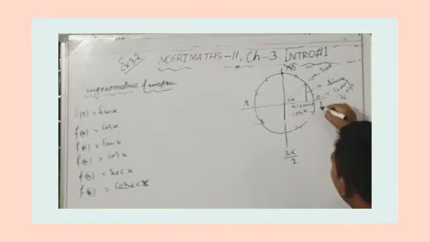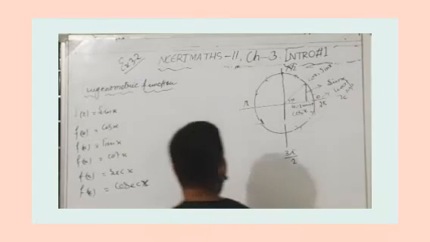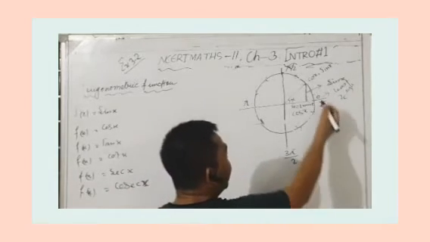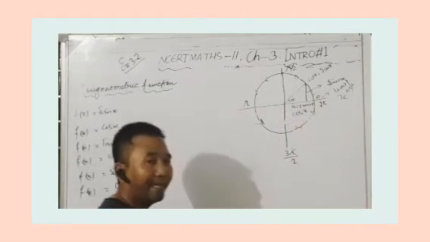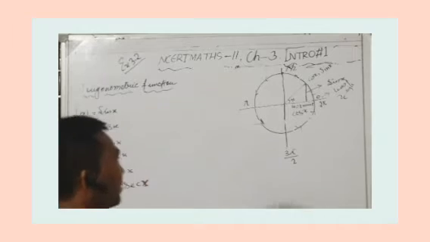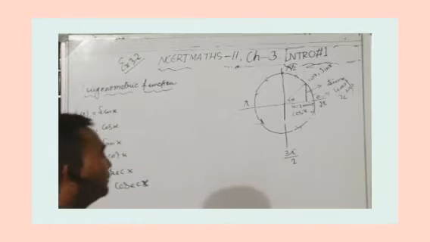So here it will be 2 pi at this point. That means 0 and 2 pi lie along the x-axis only. Okay, fine.